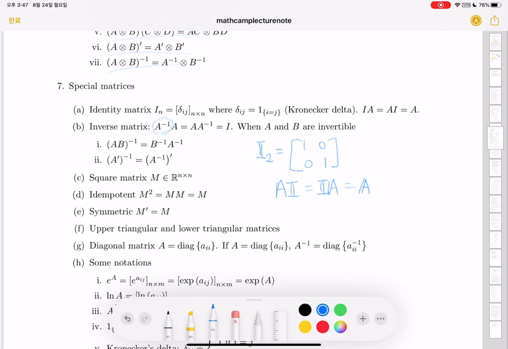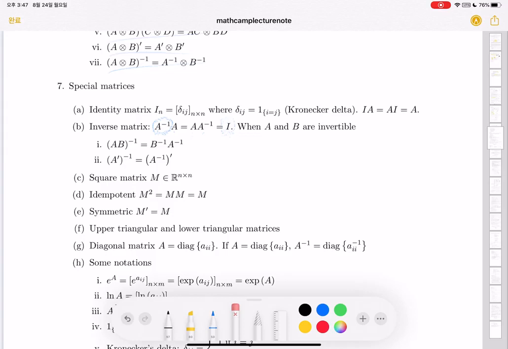An inverse matrix is a matrix that, pre-multiplied or post-multiplied to a matrix, gives you the identity matrix. Not every matrix has an inverse matrix, but if it does, it's unique. When a matrix has an inverse matrix, it's called invertible.